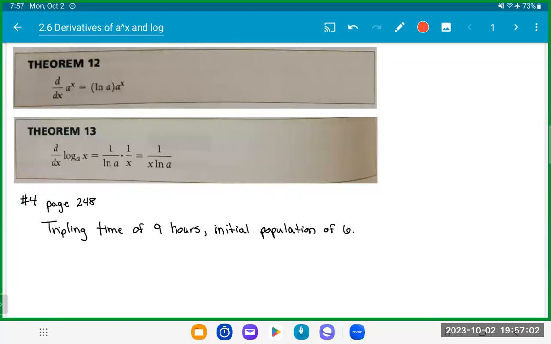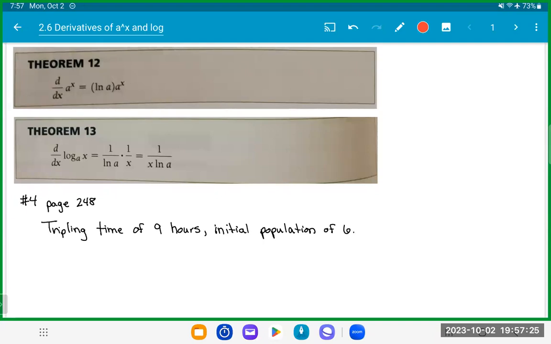If I'm doing the derivative of log base a of x, that's really just 1 over ln of a times 1 over x, which simplifies to 1 over x ln of a. So those are theorems 12 and 13.